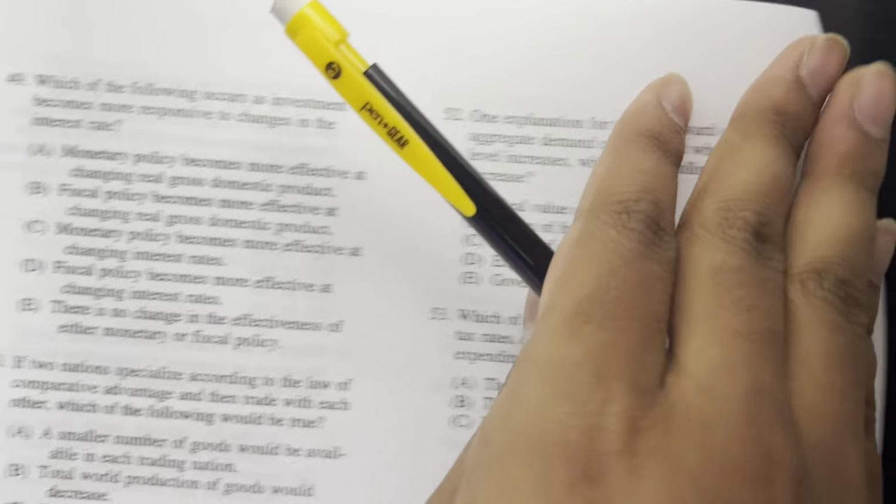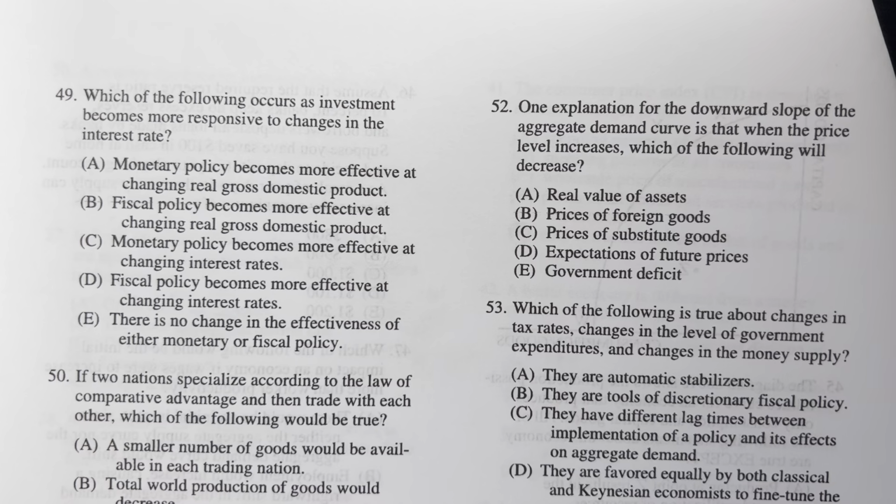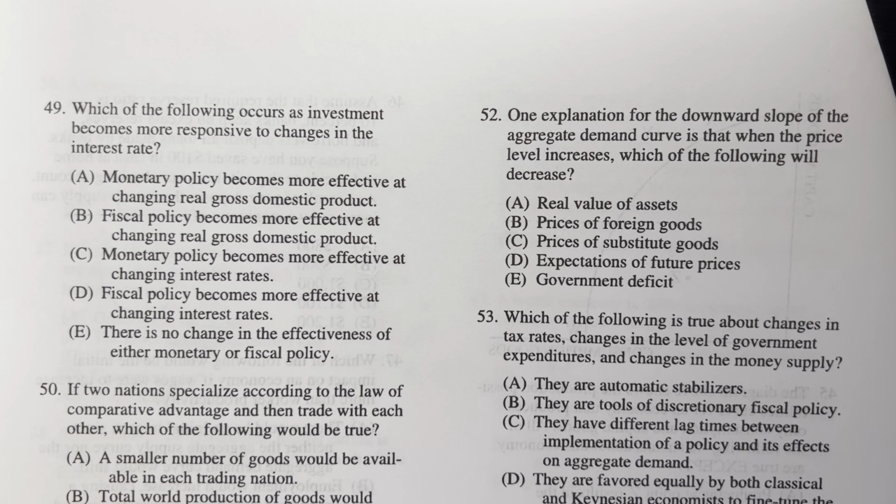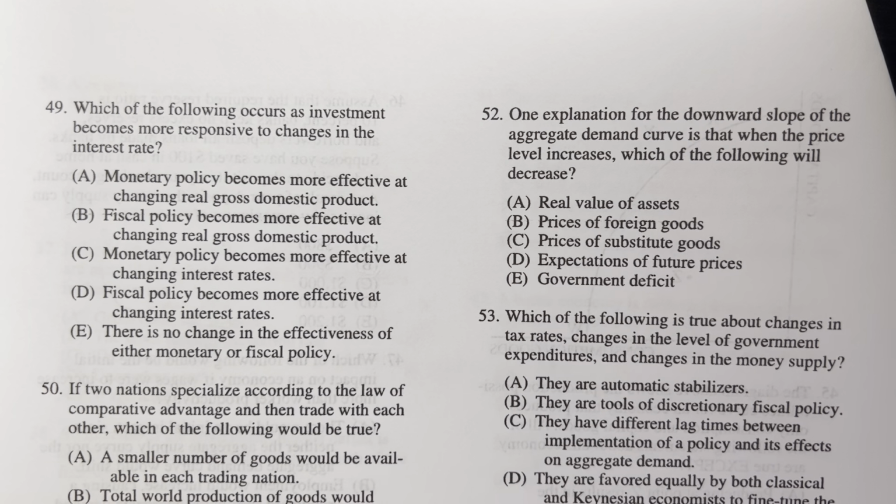Okay, 49. Which of the following occurs as investment becomes more responsive to changes in the interest rate? This should be A, because if investment becomes more responsive to changes in the interest rate, that's a monetary policy thing.